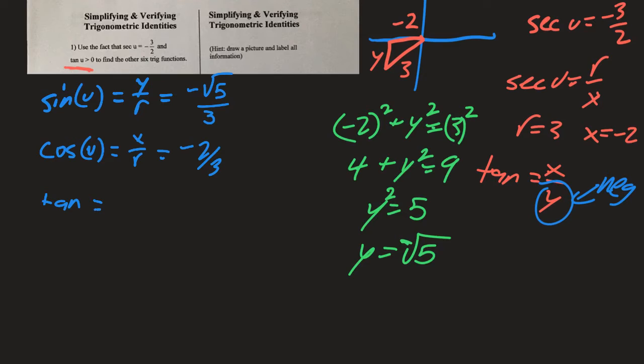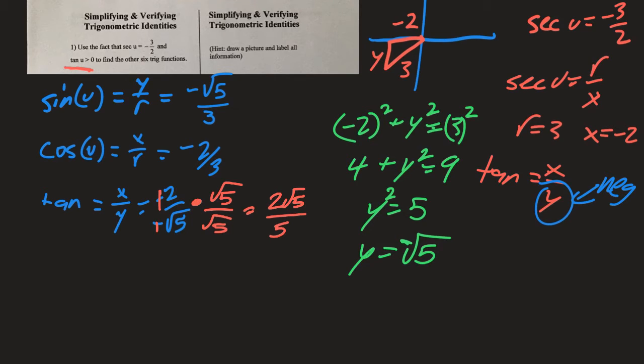Tangent is going to be y over x, and we have -√5 over -2. Both of those are negative, so those negatives will cancel each other out, and we're going to have to make sure that we rationalize this. So we're going to multiply by √5 on top and bottom, and I'm going to get 2 square root 5 over 5 for my tangent.